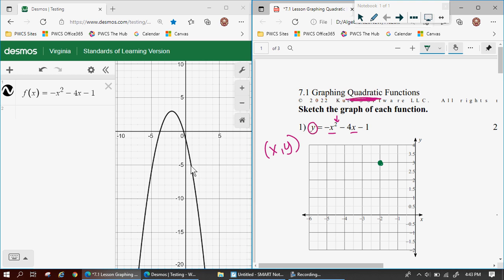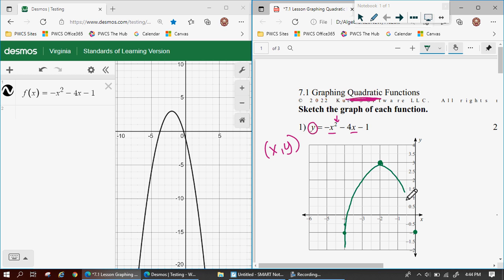It looks like I have one point here at 1, -5. Well, I don't have room for that. Let's see if I can find some more. Oh, I have one here at 0, -1. That's a better one. And then I'm going to find one more point, -4, -1. And then I could just do the best job I can at trying to make that curve.